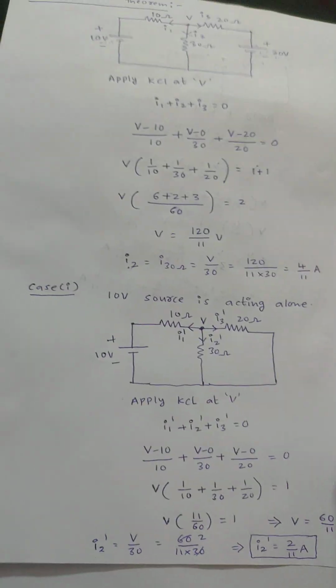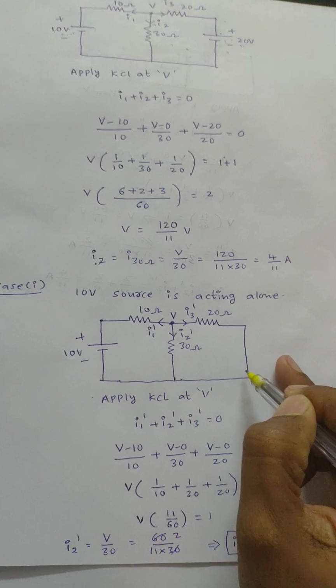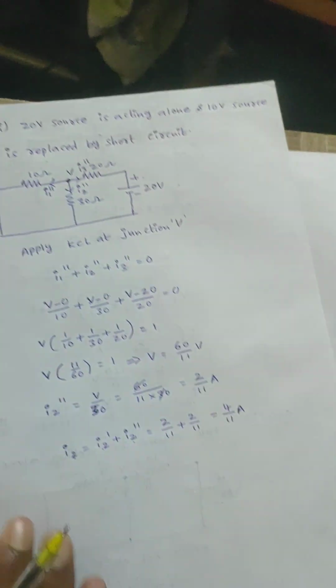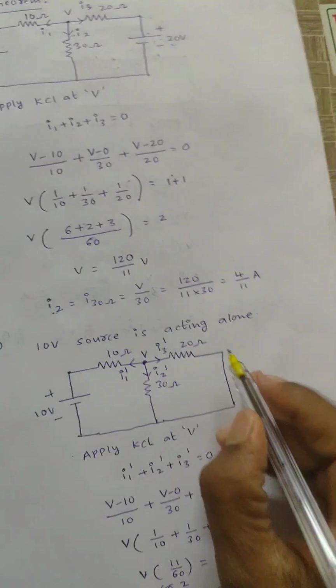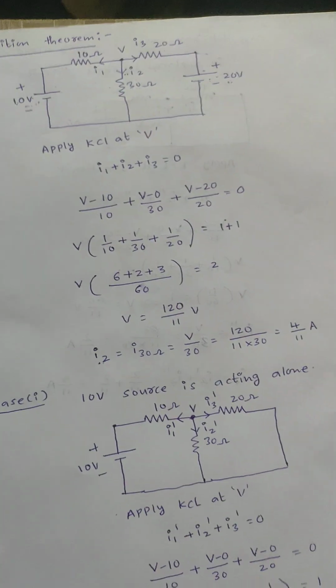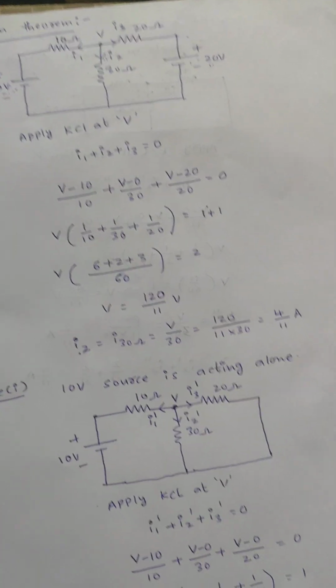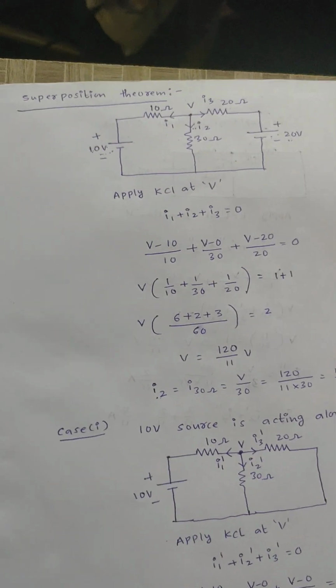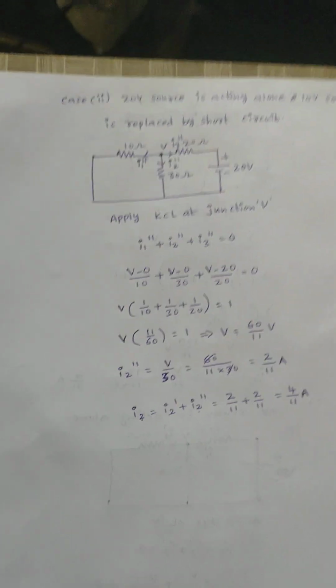When we consider each source separately, remaining sources are replaced by their ideal elements. Ideal elements is nothing but voltage source should be replaced by short circuit. If the circuit is having current source, that should be replaced by open circuit. Okay, that is about superposition theorem.